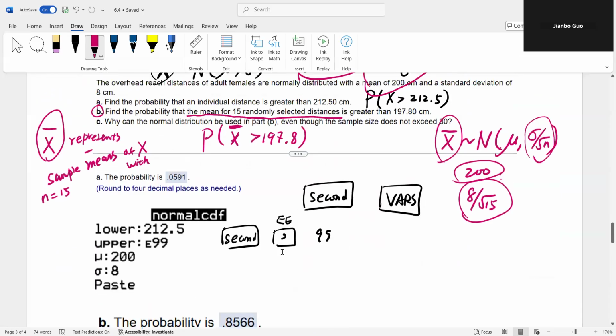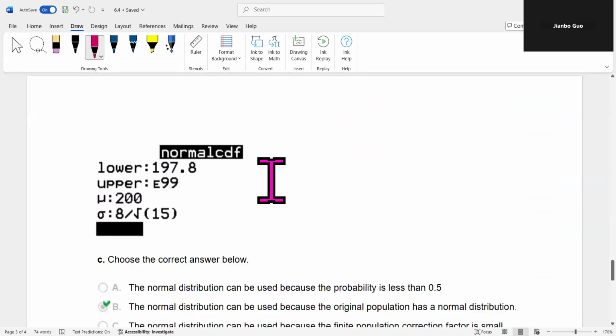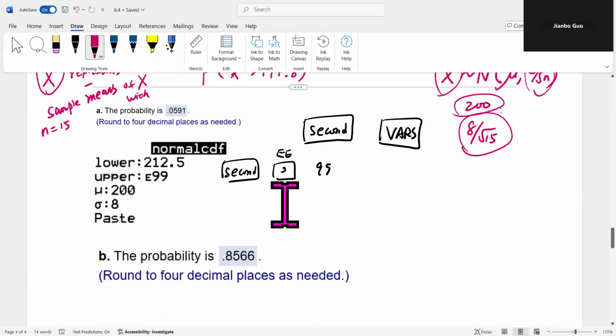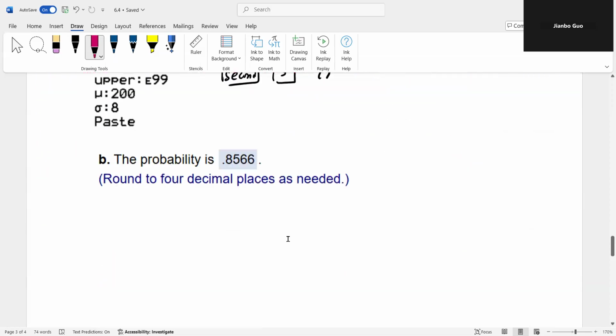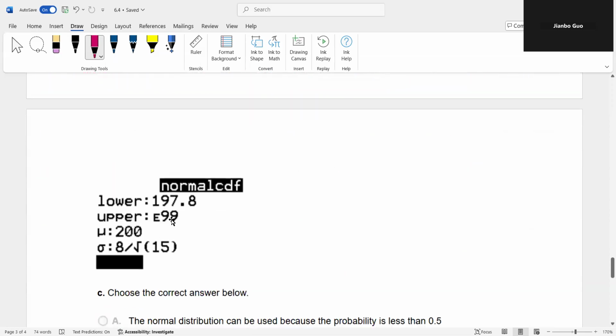We can still use the normal CDF function in the TI-84 calculator to find the probability. But this time, the lower limit is 197.8 because we're looking for X bar bigger than 197.8. The upper limit is infinity. But the mean is 200 and the sigma is 8 over root 15. So this is the part you need to update.